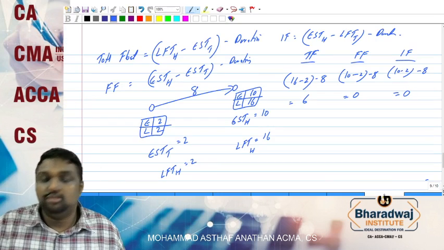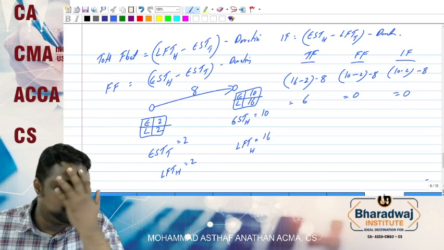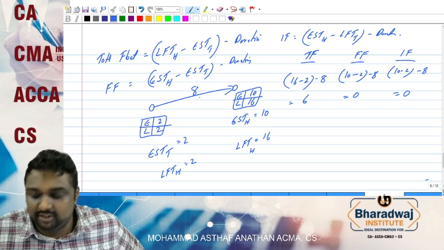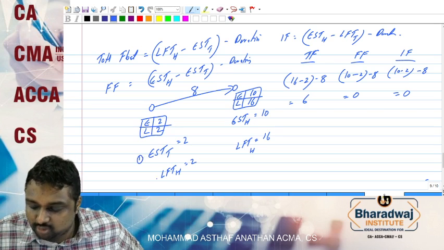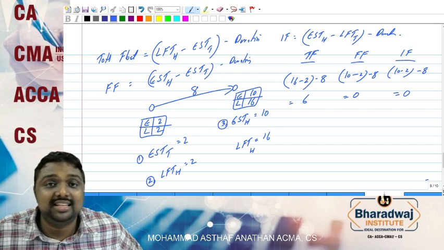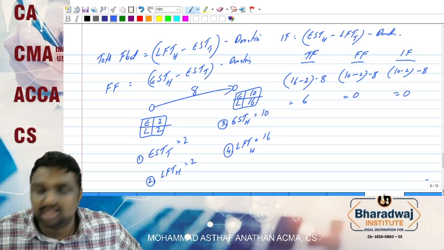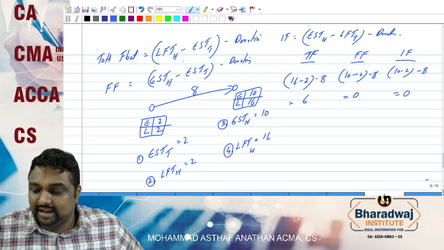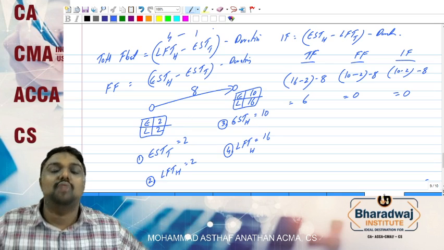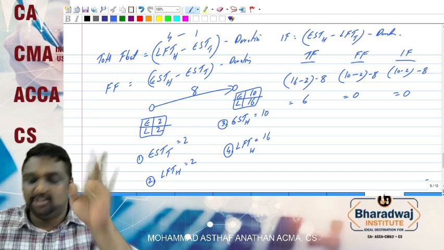Now this can be done in a shortcut. The proper way I told you, you can do the proper way. Shortcut I will tell you. You can call this 1, this 2, this 3, and this 4. So the latest finish time of head node is 4, minus the earliest start time of tail node 1, because duration is common.